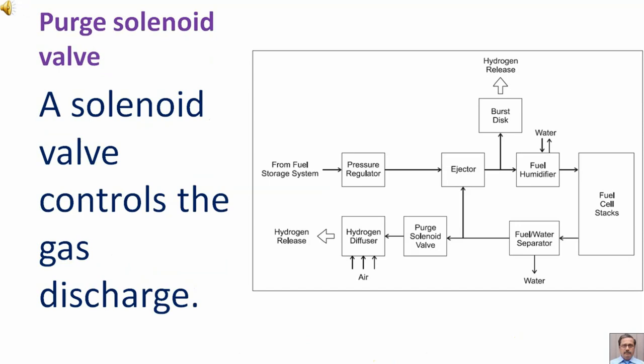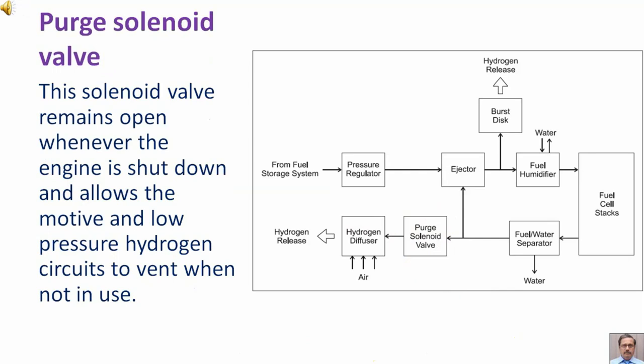Purge solenoid valve. A solenoid valve controls the gas discharge. This solenoid valve remains open whenever the engine is shut down and allows the motive and low pressure hydrogen circuits to vent when not in use.